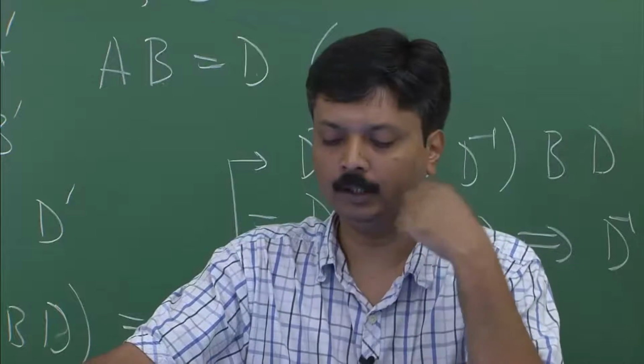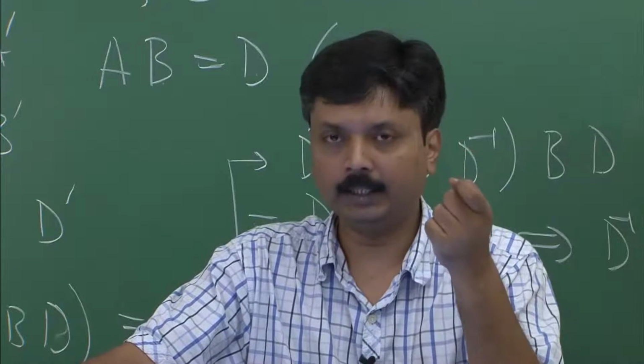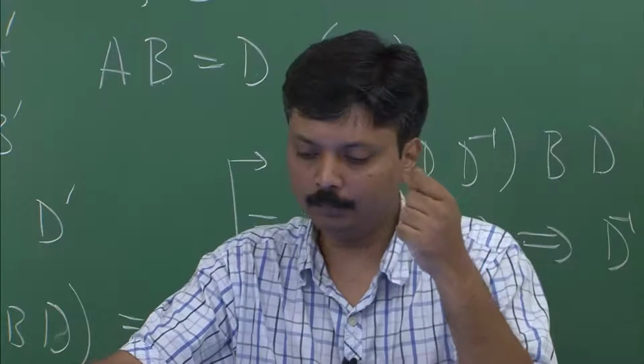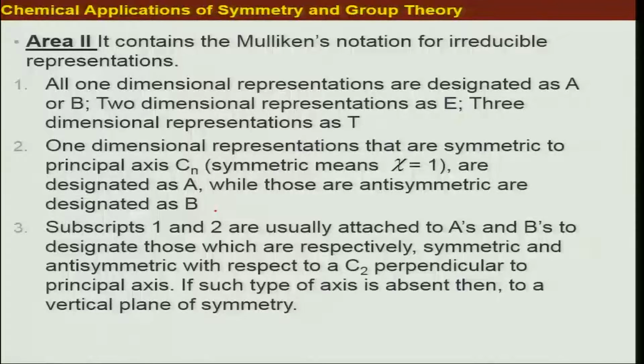Next we look at the characters of the irreducible representations with respect to the C2s perpendicular to the principal axis of symmetry. If the characters of the one-dimensional representations with respect to the C2 primes are symmetric, that means plus 1, then they will be given subscript 1. If it is antisymmetric, then a subscript 2 will be given.